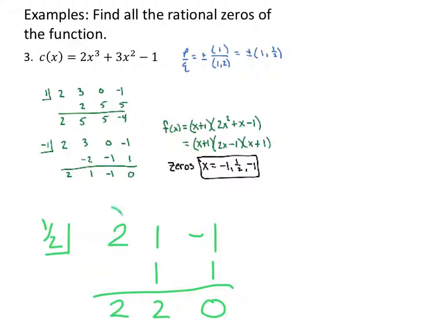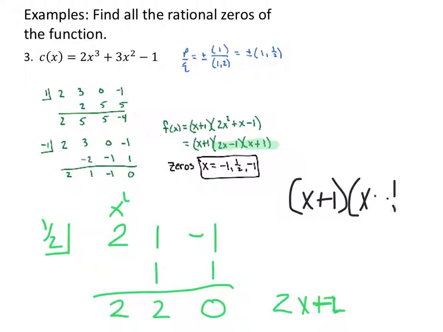And if this was an x squared, because we started with x cubed, this is x squared, this will be x, this is 2x plus 2. Now that's not exactly the way I have it factored up here, but if I rewrite my factors in this form, I know that x plus 1 works because negative 1 went in. I know that x minus 1/2 works. Let's see if I can write a 2 here.